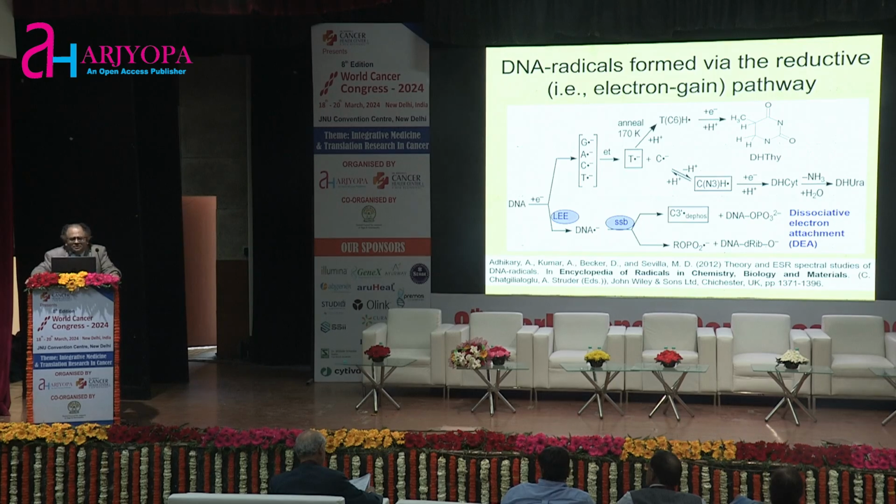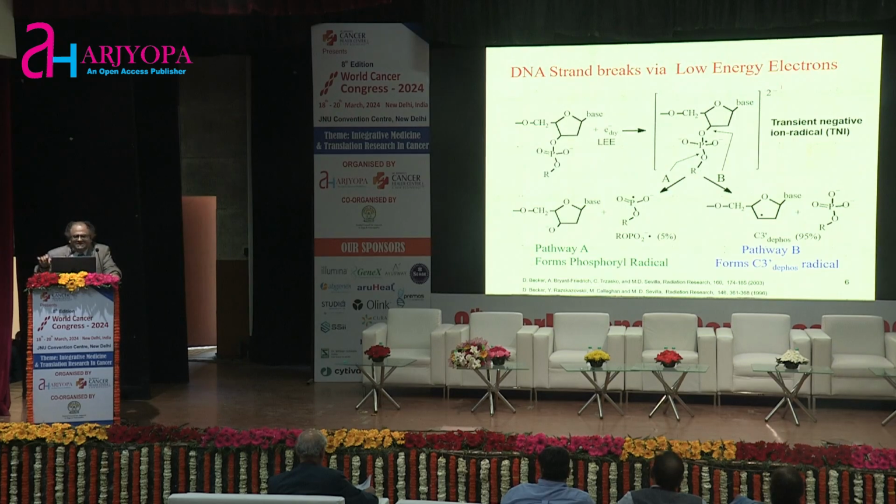The most important process here is when the electron attaches to the sugar phosphate backbone and undergoes a reaction called dissociative electron attachment. Let me show you this very clearly. You see the electron attaching to the sugar phosphate, forming the corresponding anion radical, and this, by carbon-oxygen bond breakage, which is the most favorable pathway, at 95%, forms the C5' radical.